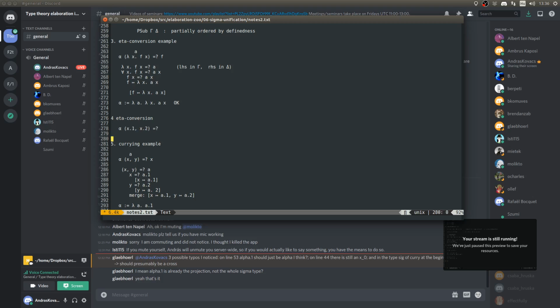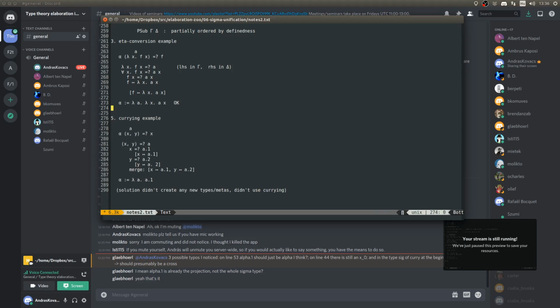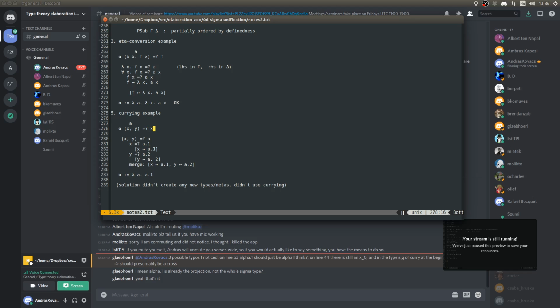Will it even work? I'm not sure. So then I have to unify x.1, x.2 with alpha. No, it wouldn't yet work. It also needs the extra machinery. Okay, but this currying example works in a very efficient way.